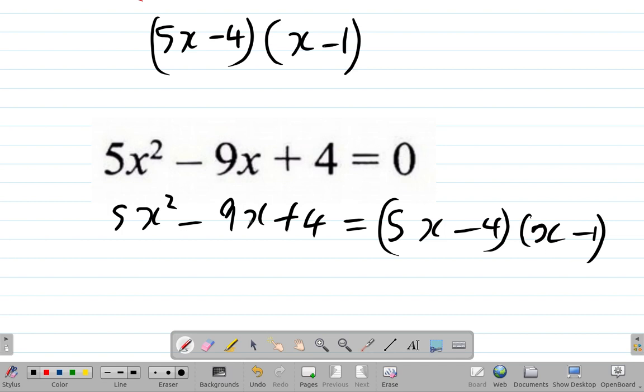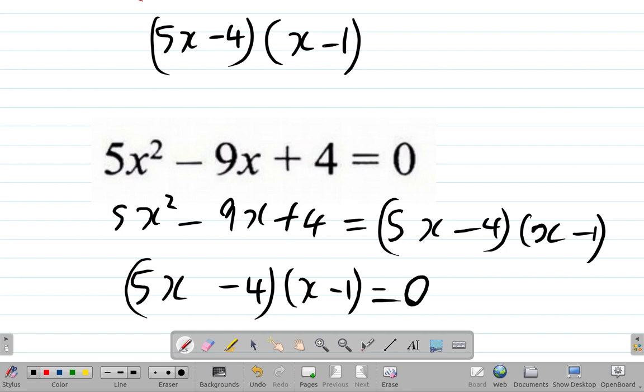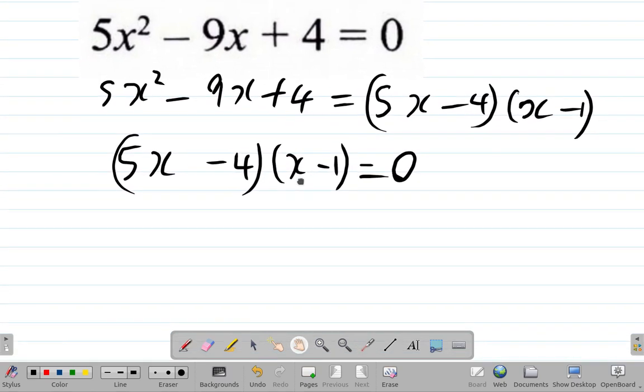Now, from the fact that 5x squared minus 9x plus 4 is 0, and it's the same thing as 5x minus 4, x minus 1 is 0, then I can put forward the argument that 5x minus 4, x minus 1 is also 0. Alright? You see that?